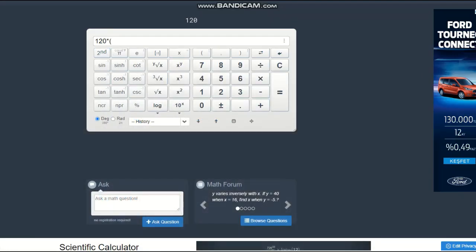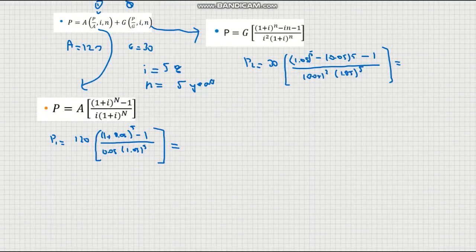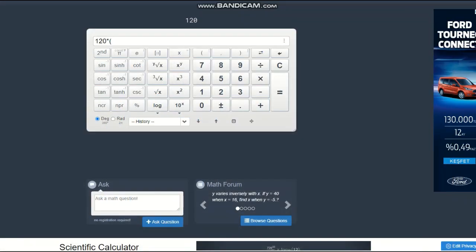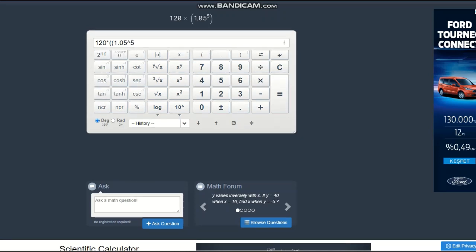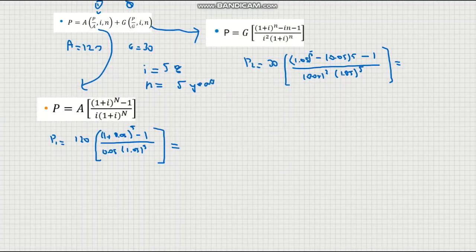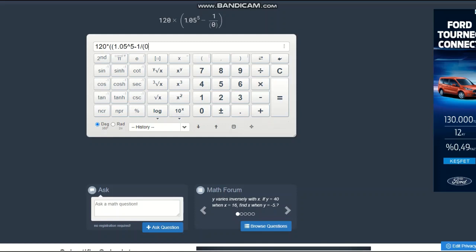Let's put it in parentheses, and we need another parenthesis for the division: 1.05 to the power of 5 minus 1, over, again let's open another parenthesis, 0.05 multiplied by 1.05 to the power of 5.